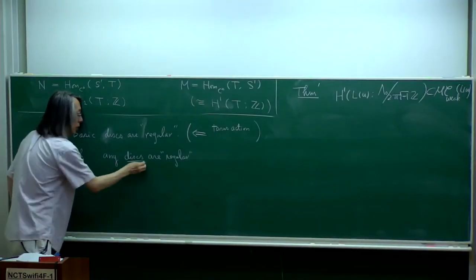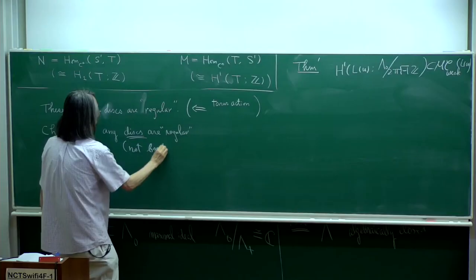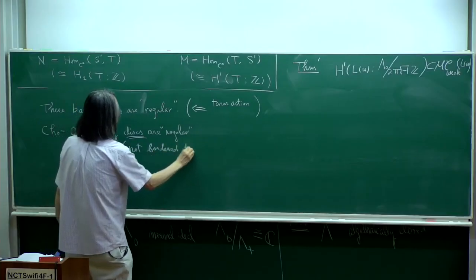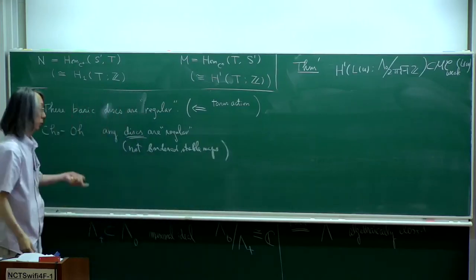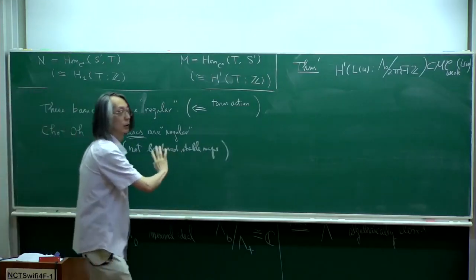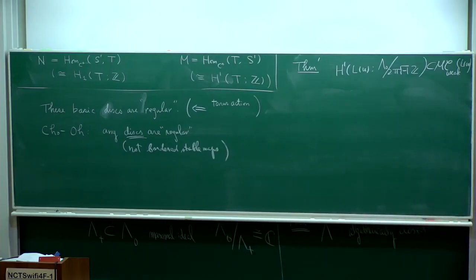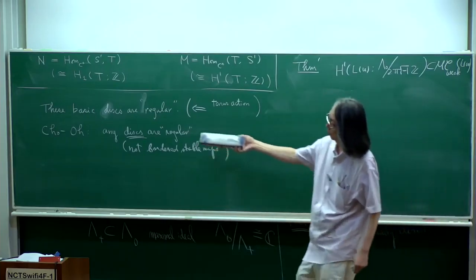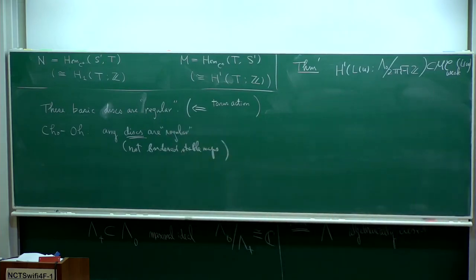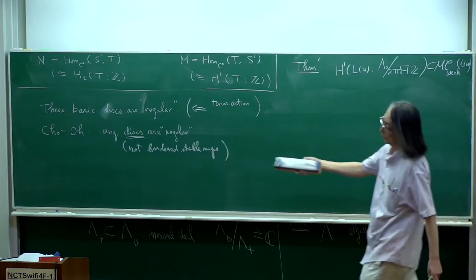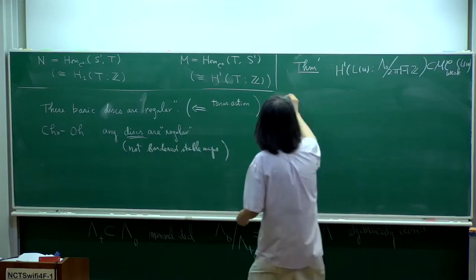This is for disks, not for bordered stable maps. For bordered stable maps, it is not the case. But for holomorphic disks they also show this. What we need is basically these basic disks, and that is quite easy to see. They also describe everything, but anyway, so this is one.